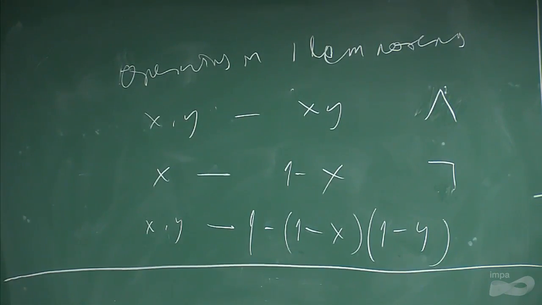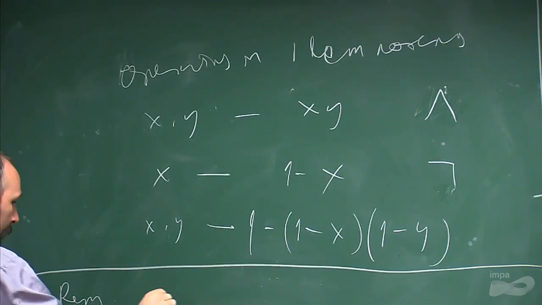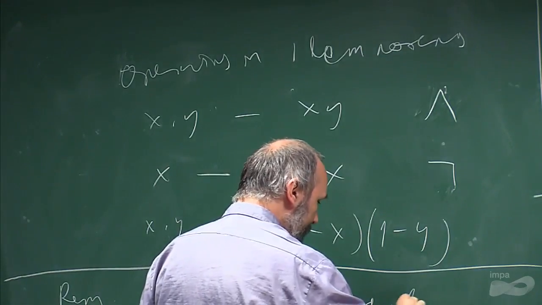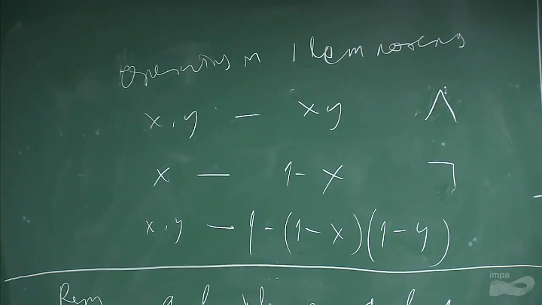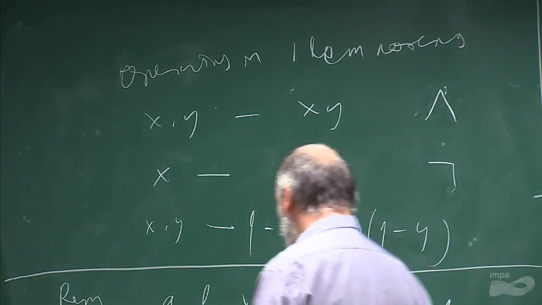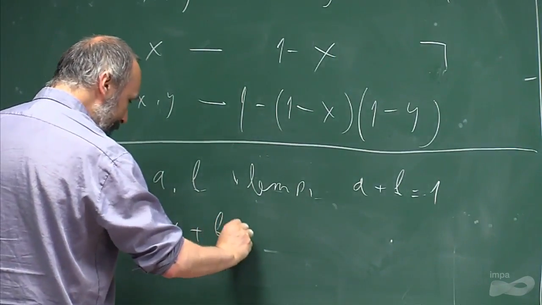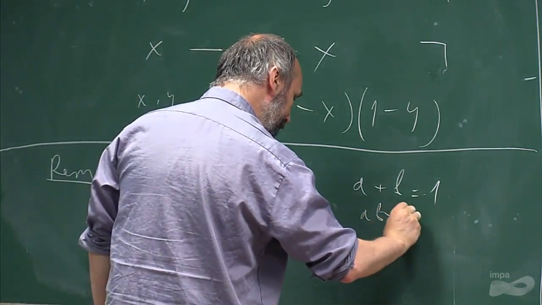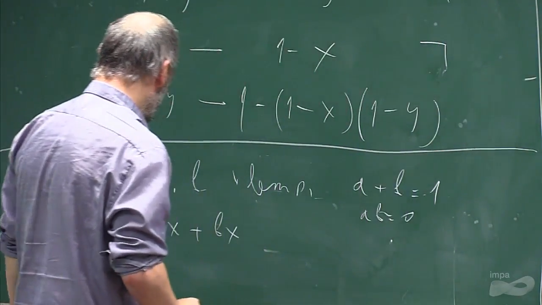What I'm going to use is the following: if you have A, B idempotents, A plus B is equal to 1, this means that A is E and B is 1 minus E. Then every element x is Ax plus Bx, and AB is 0, because if you multiply, you obtain 0.